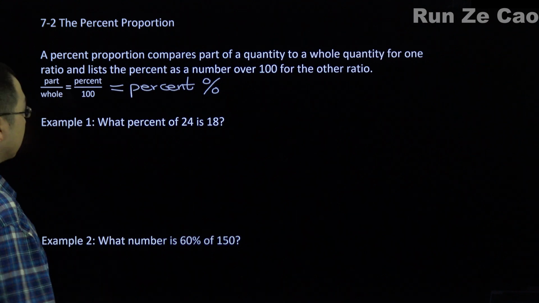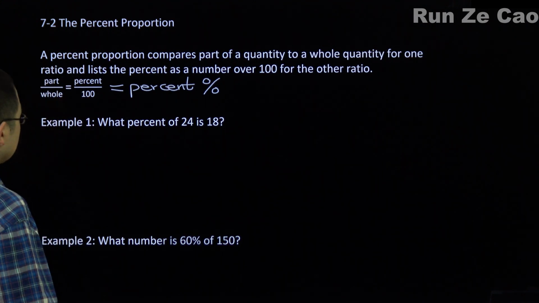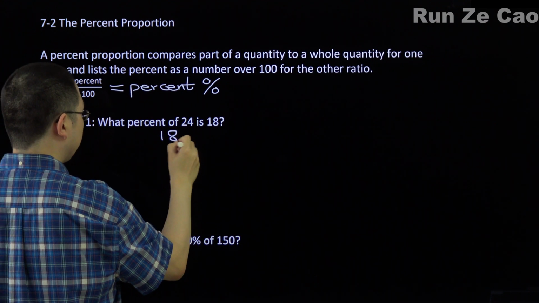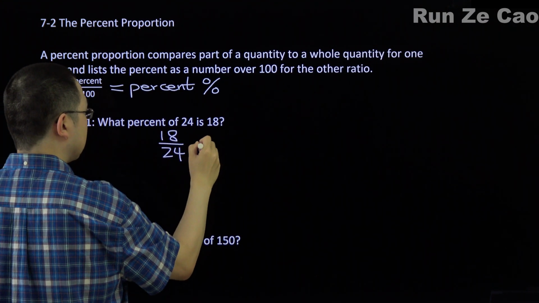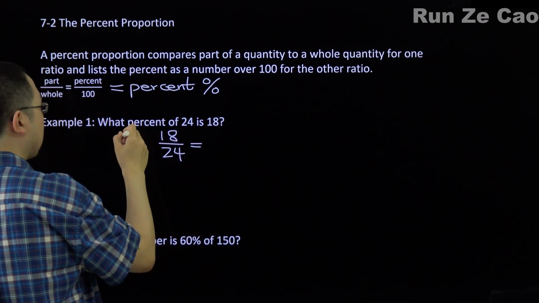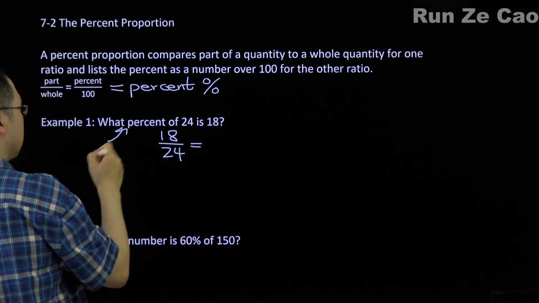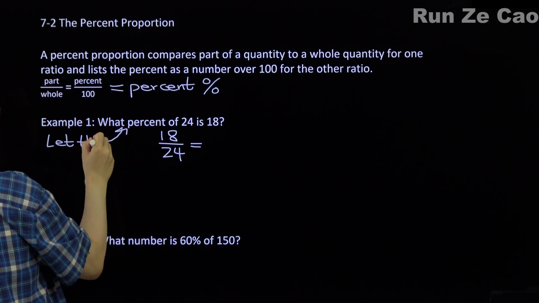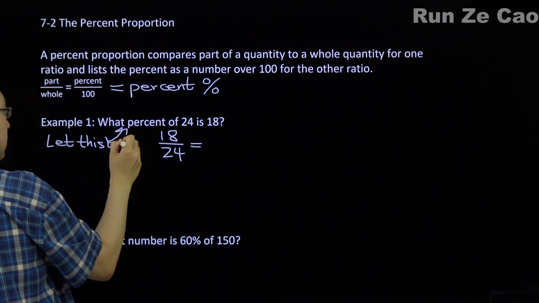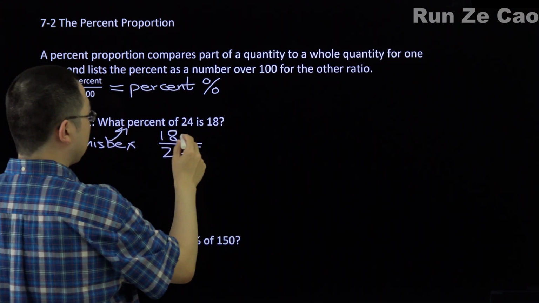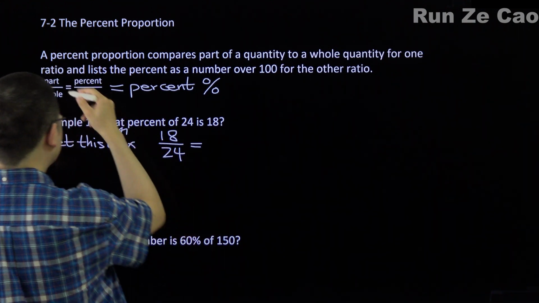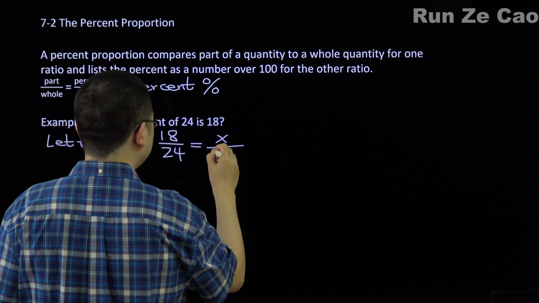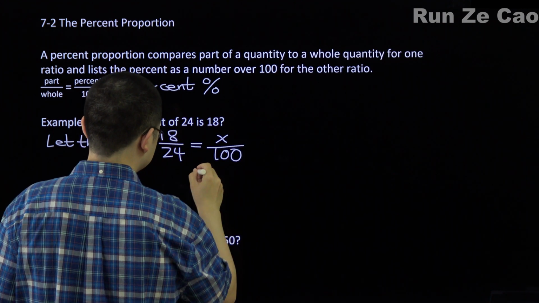So what percent of 24 is 18? Well, 18 over 24 equals, well, okay, let this be x. So 18 over 24, the part over the whole, is equal to x over 100.